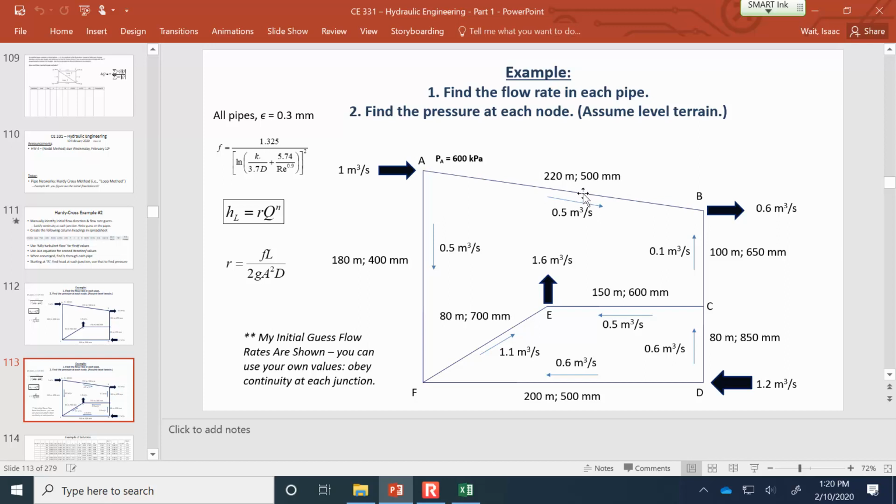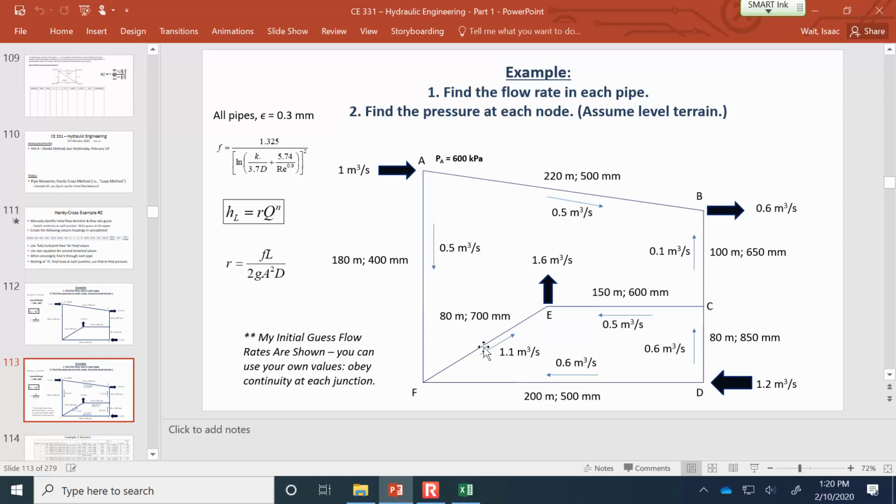Is that positive 0.5 or negative 0.5? Positive. That's right. And how do we know that this is a positive 0.5? It's clockwise. So we say in this loop, clockwise is positive, and so for instance, when we're typing in the flow rates, this flow will be negative because it's against the clockwise direction.